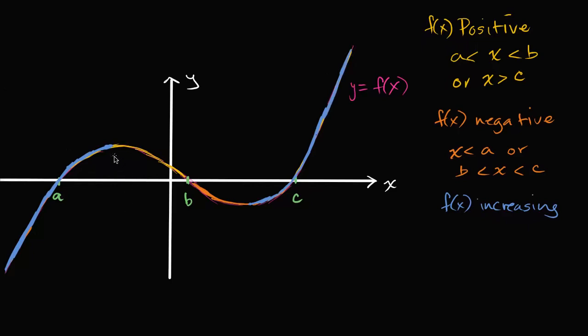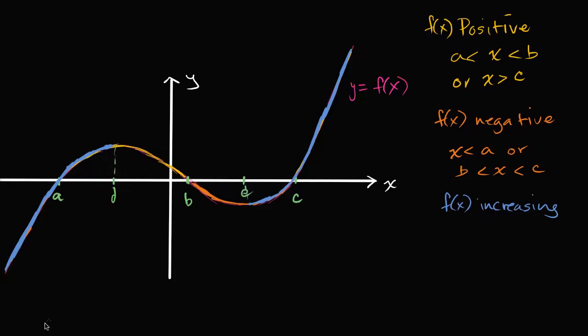Let's say that this is x equals d. Now it's not a, d, b, but you get the picture. And let's say that this is x equals e.